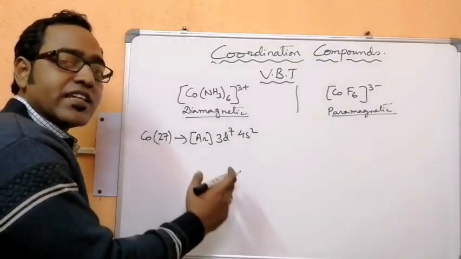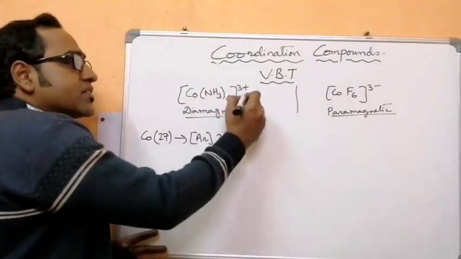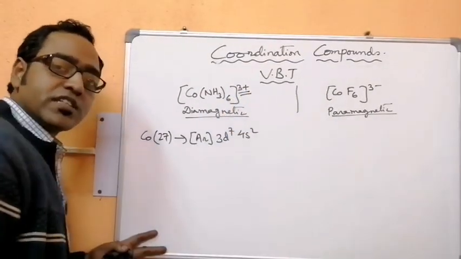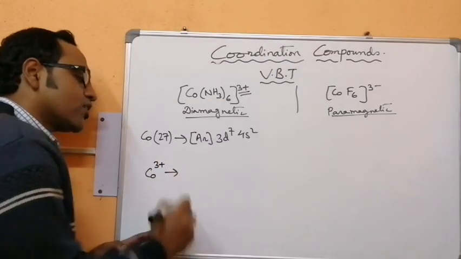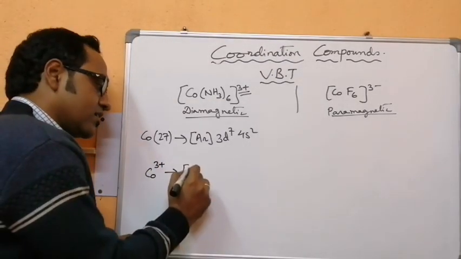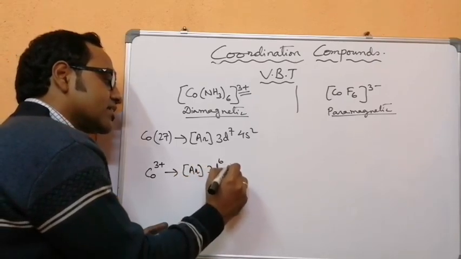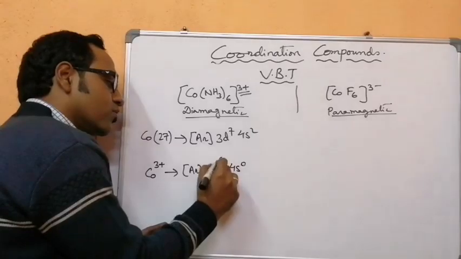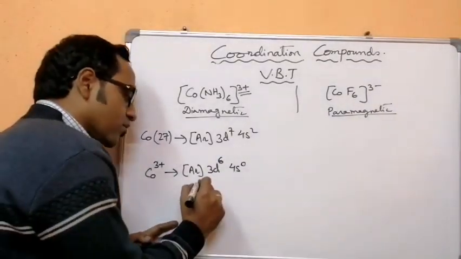Again for 30, d10 4s2. Now in this complex, cobalt is in the +3 oxidation state, so we write the electronic configuration of cobalt 3 plus, which is 3d6 4s0.